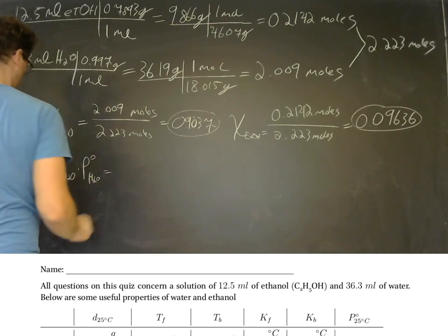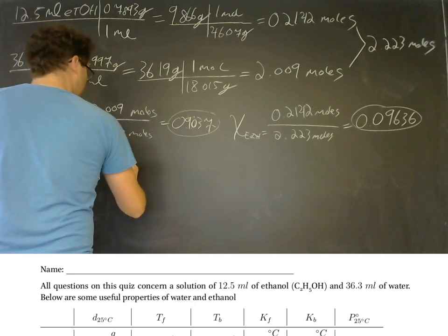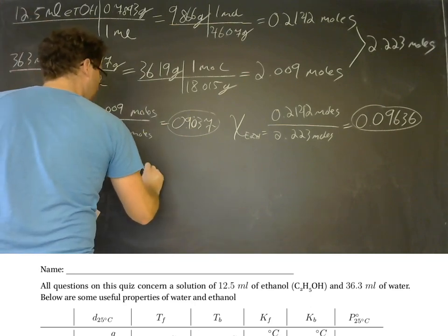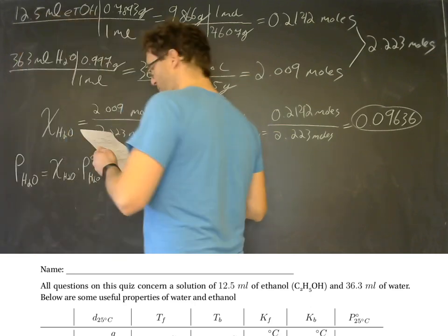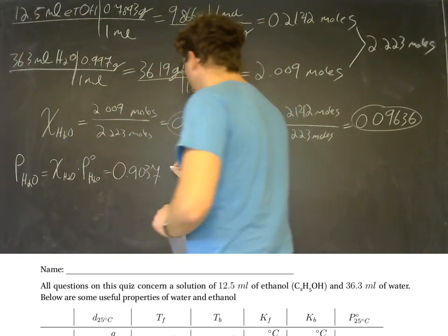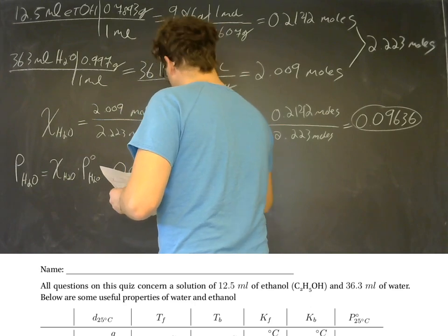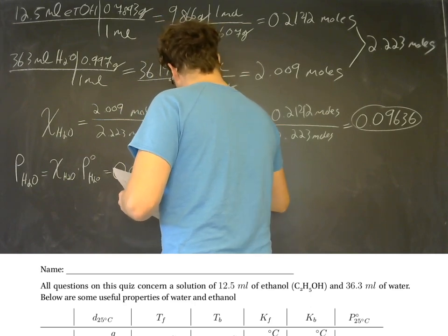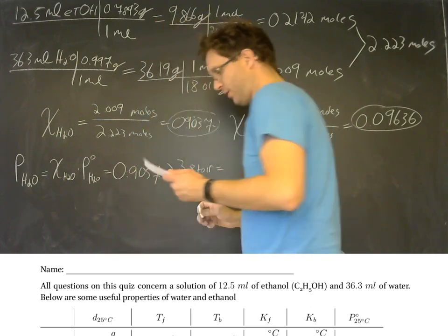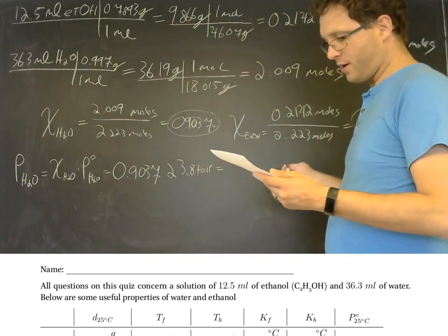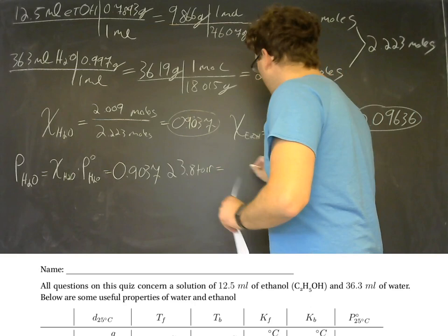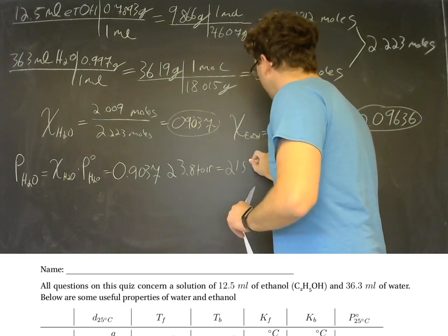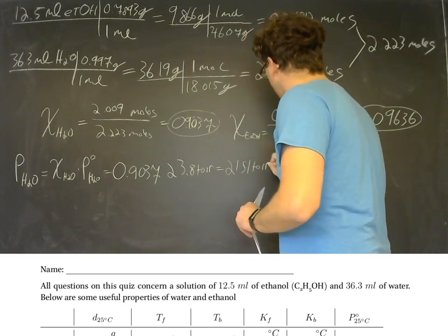The mole fraction for water is 0.9037, and the pure vapor pressure for water is 23.8 torr. So this means that water is going to have a vapor pressure here of 21.51 torr.